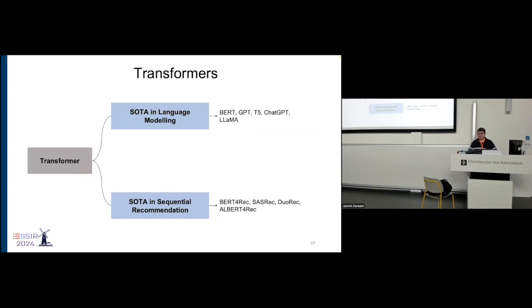However, the world didn't stop there. As I said, a sequential recommender system is a kind of language model, where you speak a very special language in which your words are items. So why not use the state-of-the-art language models?